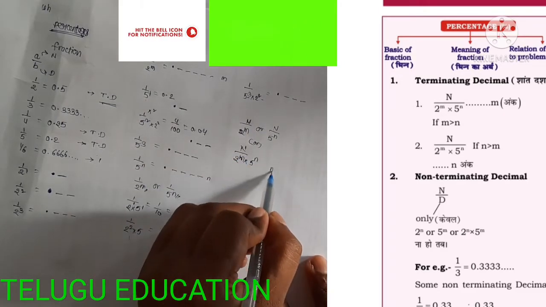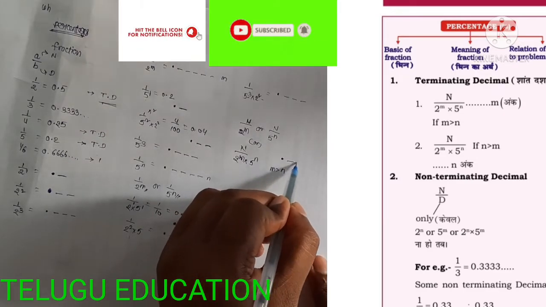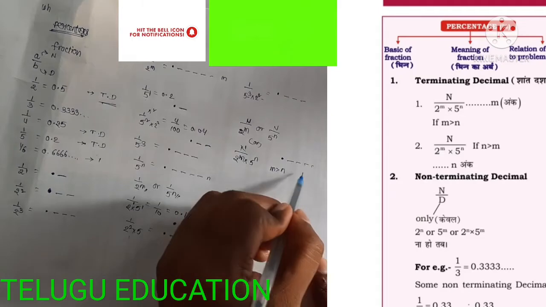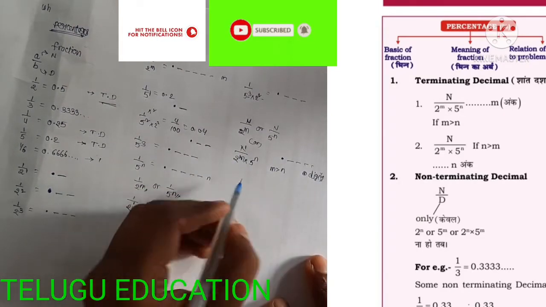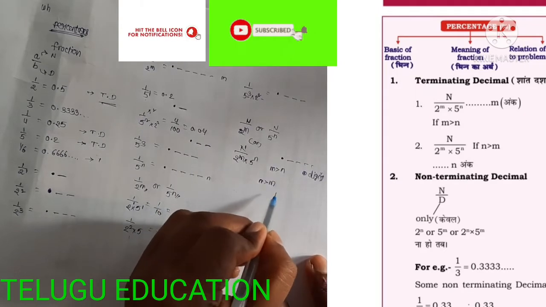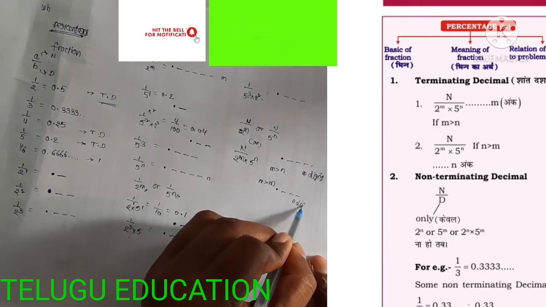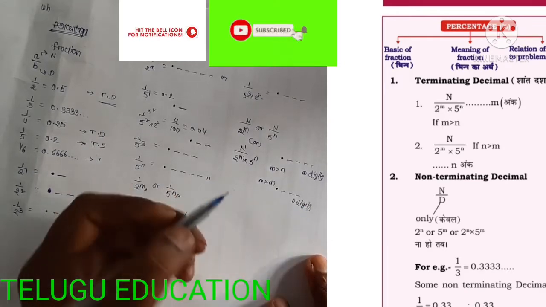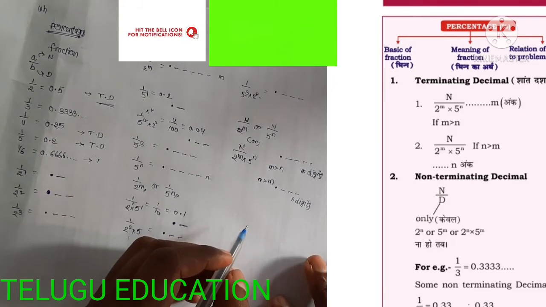If m is greater than n, then after the decimal point you have to get m digits. If n is greater than m, after a decimal point you have to get n digits. Okay, so this is called a terminating decimal.